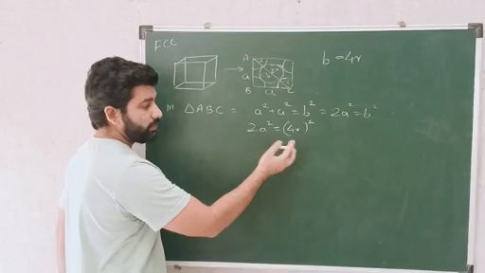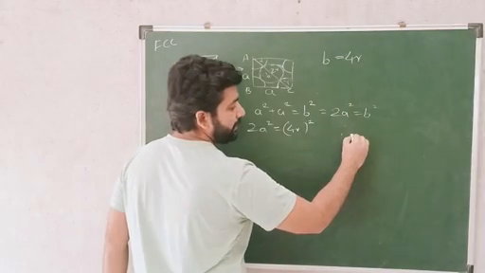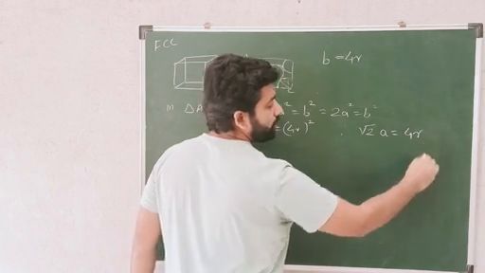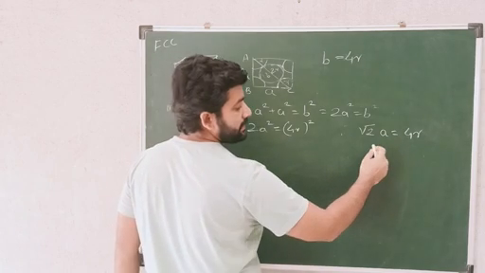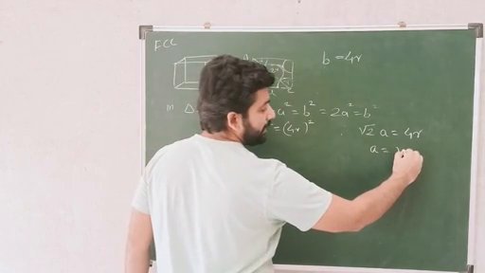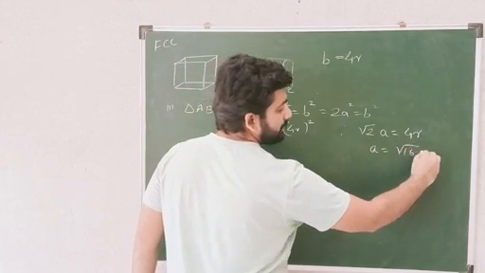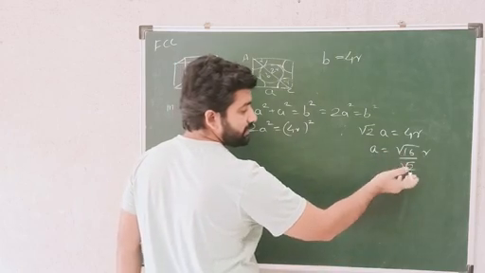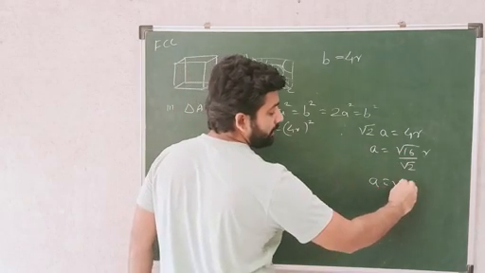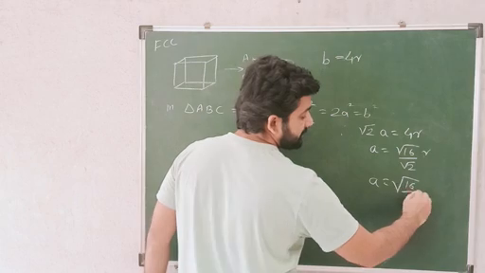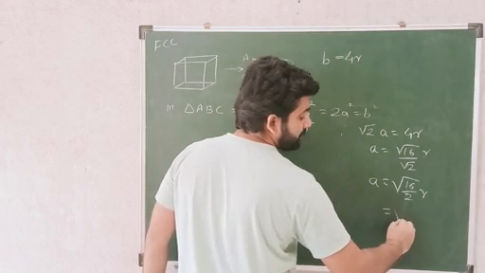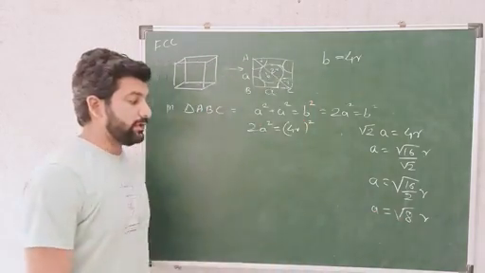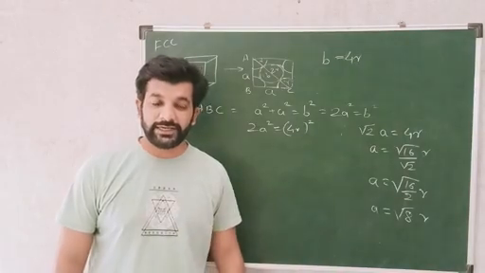Taking the square root on both sides, we get square root of 2 into a is equal to 4r. Now rearranging, we get a as 4r upon square root of 2, which is equal to square root of 8 into r. Here we have the value of a as square root of 8 r.